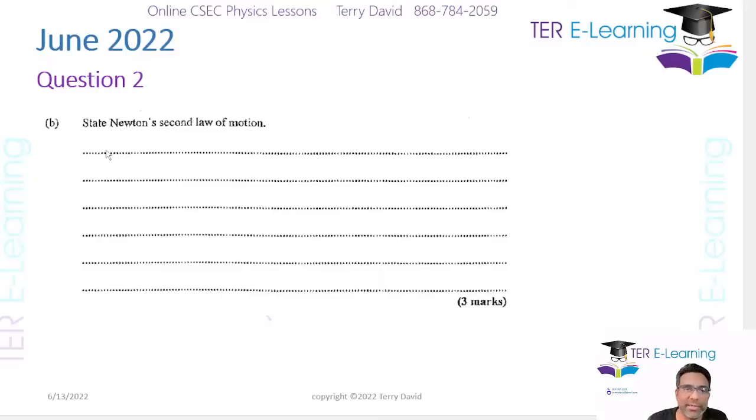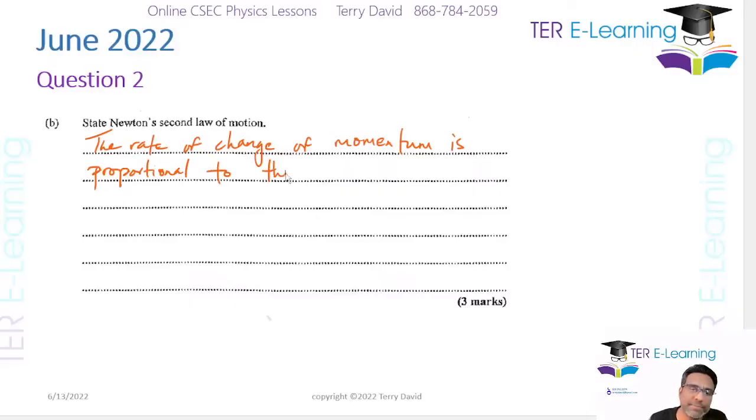Newton's second law: the rate of change of momentum is proportional to the applied force and takes place in the direction in which the force acts.